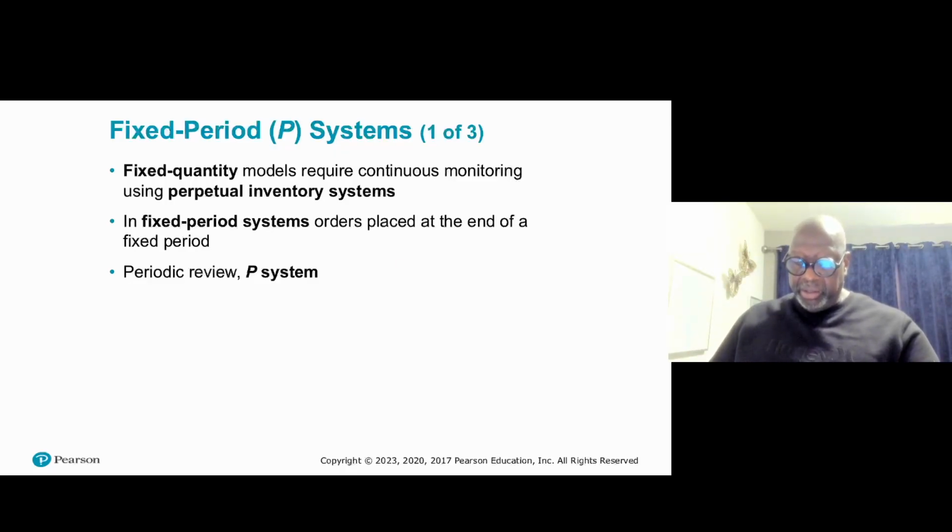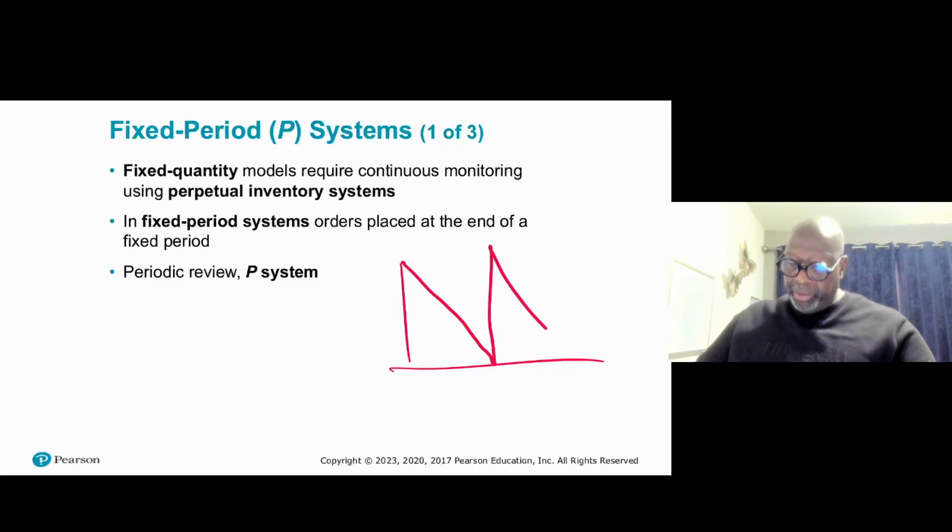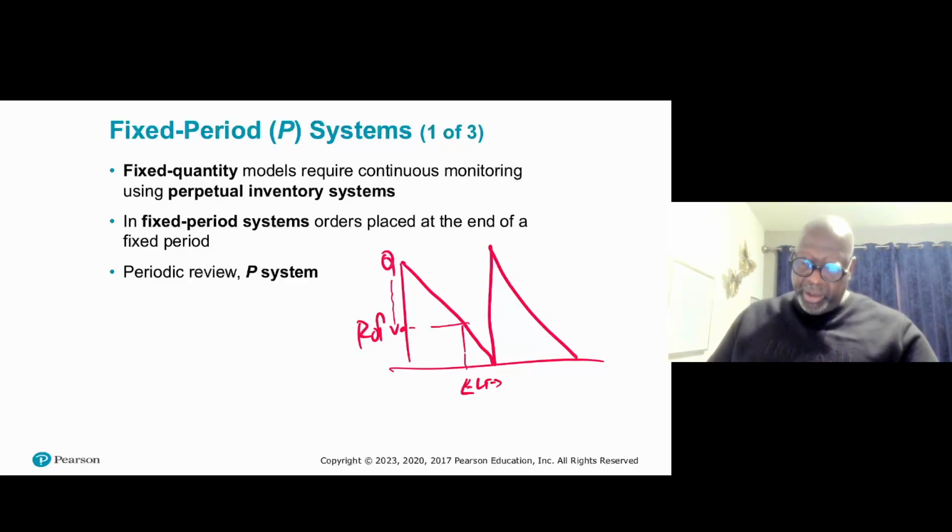Okay, so your inventory is, this is Q. You have to monitor it until you get to your reorder point. Okay, this is your lead time. So that's your ROP, your reorder point. When you get here, you place the order, and then you receive the order.